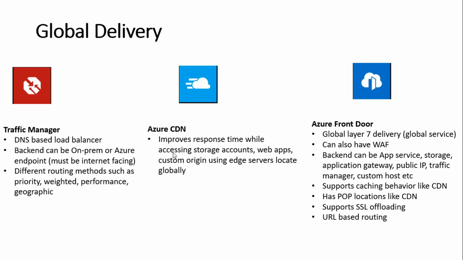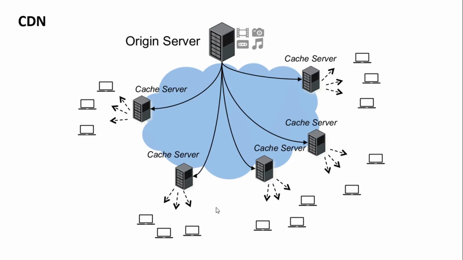So Azure CDN improves the response time while accessing storage accounts, web apps, and customer regions using edge servers located globally. The use case for CDN is that, let's say you have a web server located in the US region, and if someone is accessing it from Australia, then every time they will go to the US to get the content.